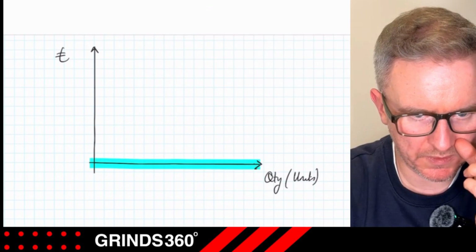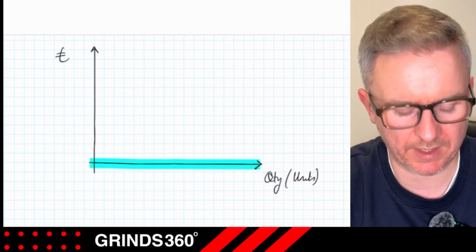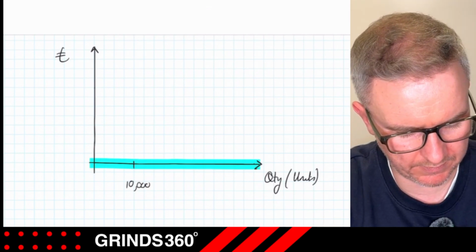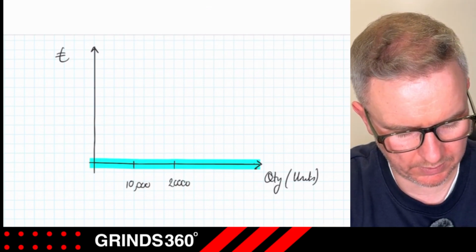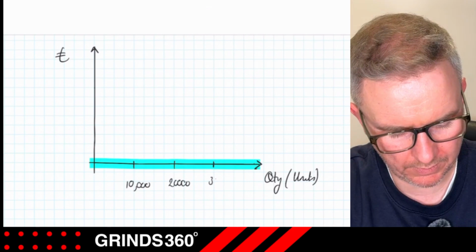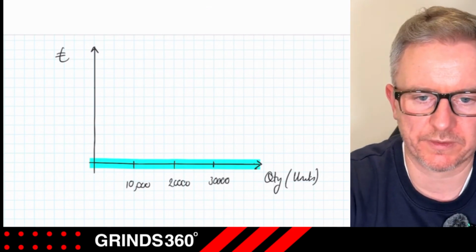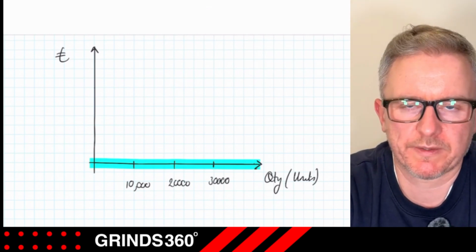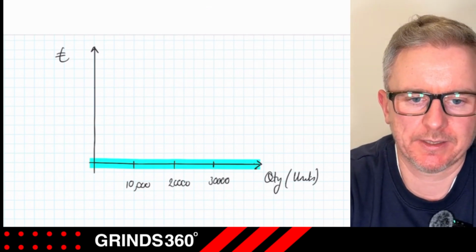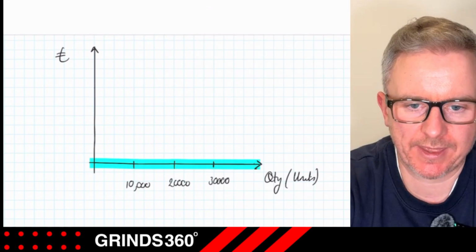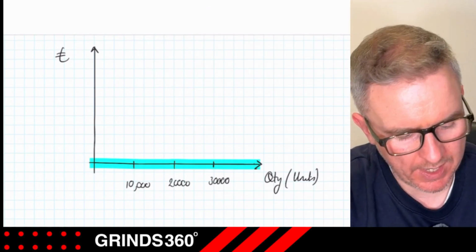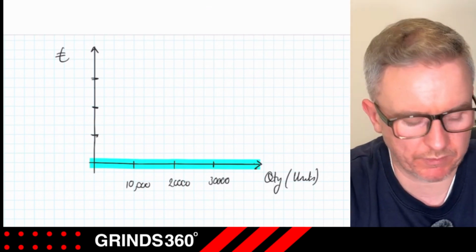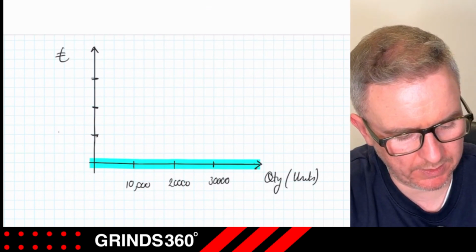So all we're doing is we're coming along, and if we're illustrating a step fixed cost, imagine 10,000 units, 20,000 units, 30,000 units. So you hire a warehouse. You're renting a warehouse and it has the capacity to allow you to produce 10,000 units. And the cost to hire one of those warehouses, we'll say, is coming in at 12,000.